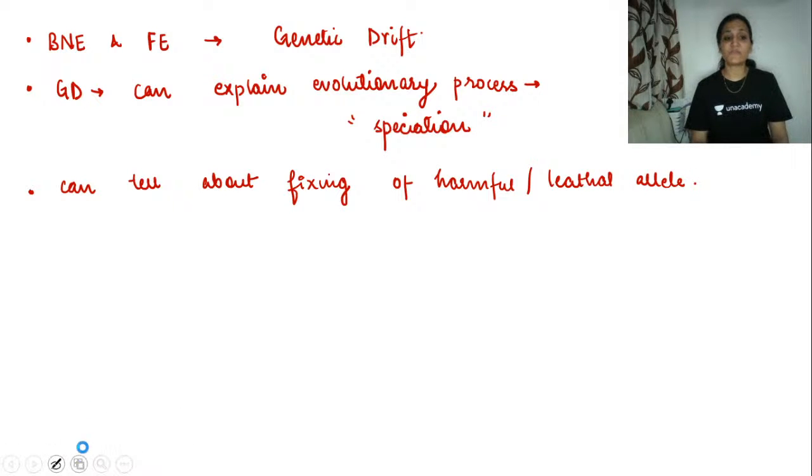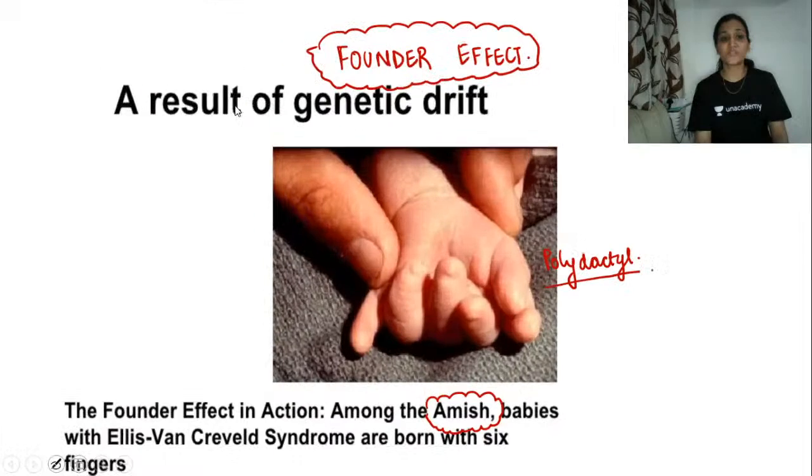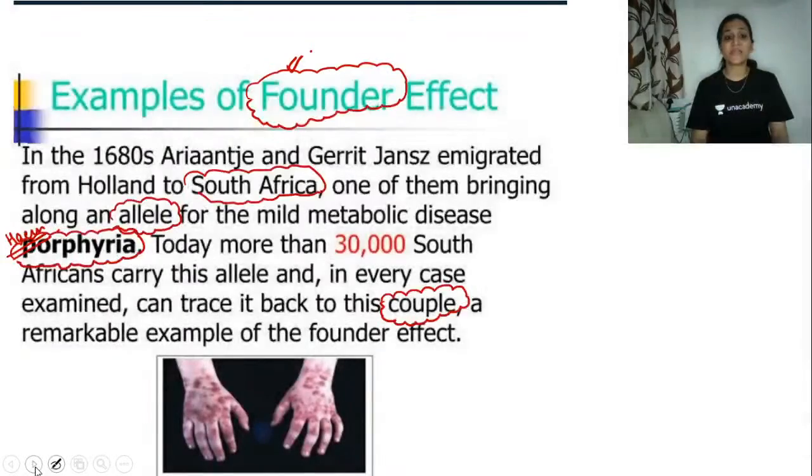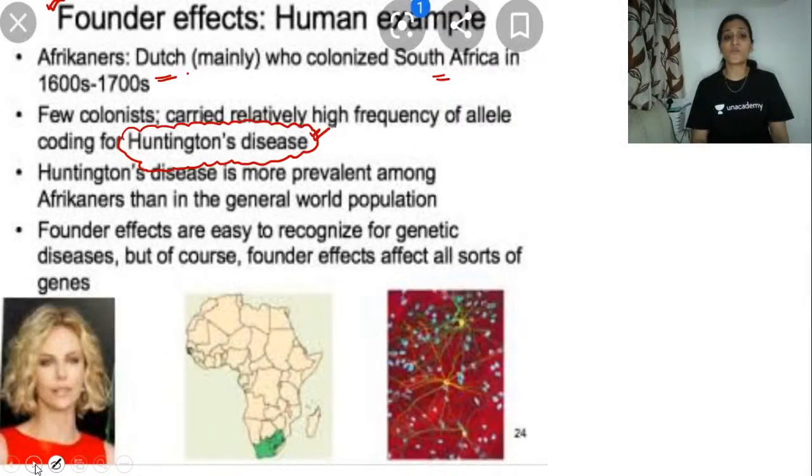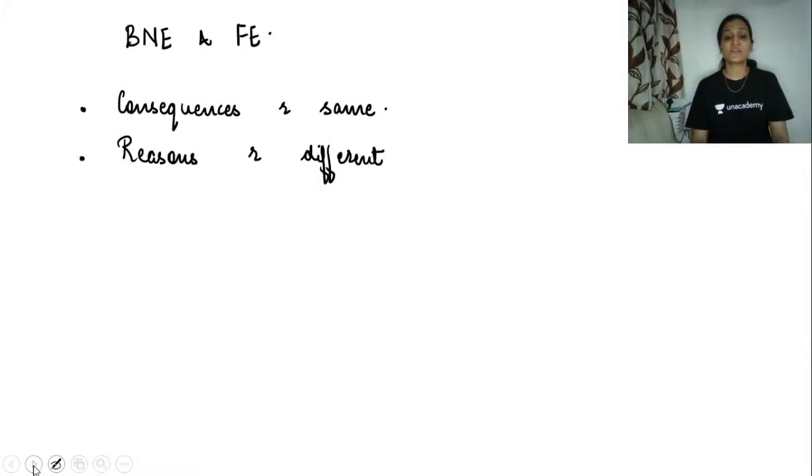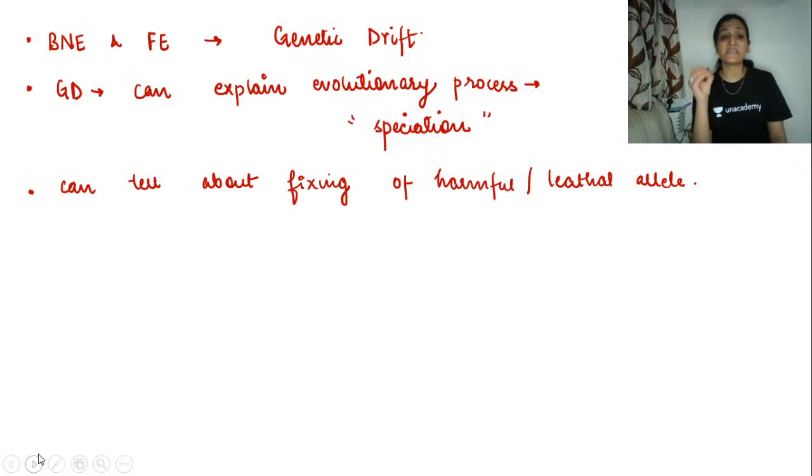We have seen in the founder effect a lot of things which are the effect of fixing of harmful alleles: the example of Amish babies, the example of porphyria, the example of Huntington's disease. These are lethal alleles. So fixing of harmful alleles is an example of the founder effect or genetic drift commonly.